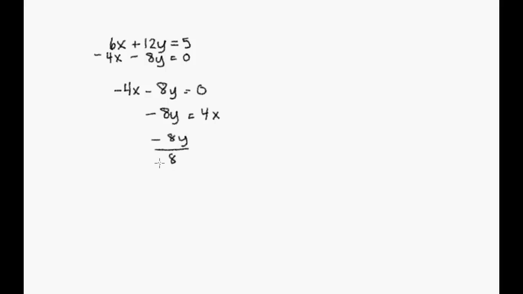Remember, we're trying to isolate y, so we're going to divide by the coefficient, and the coefficient in this case is minus 8. All right, so y equals minus 1/2 x. All right, so now let's replace y with minus 1/2 x in the first equation. We'll do that up here.